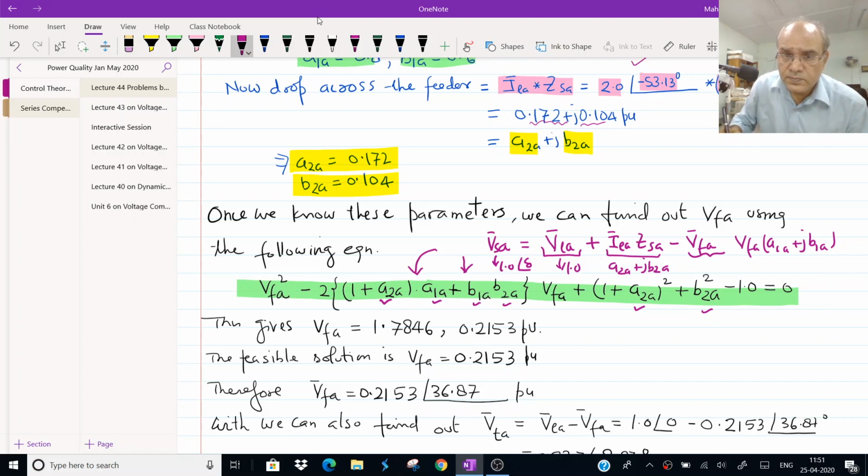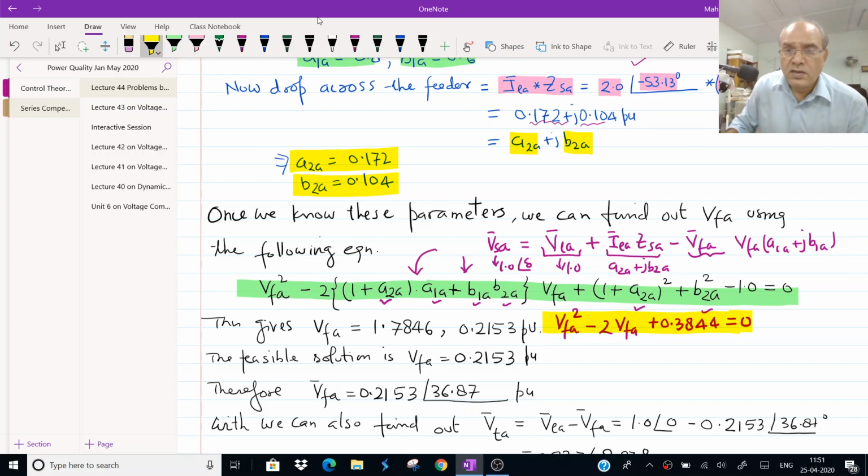I will add it here. This comes out to be BFA square minus 2 BFA plus 0.3844 equal to 0. Okay. So this is the quadratic equation which comes from this.